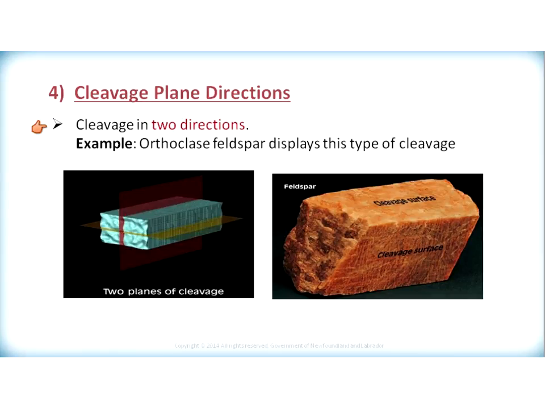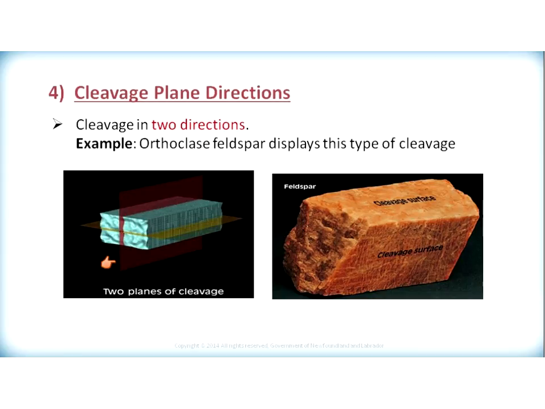When we look at cleavage in two directions, we see that weak bonding can occur in two different directions. In the diagram below, we see two planes of cleavage represented by a yellow line and a red line. The yellow line represents a horizontal cleavage plane, whereas the red line indicates a vertical cleavage plane.